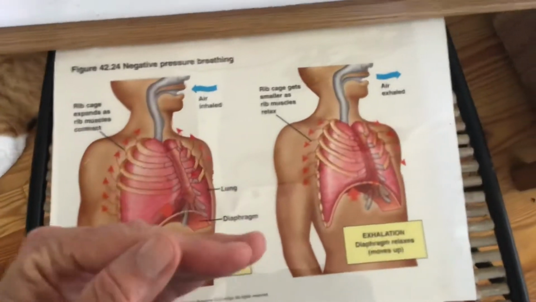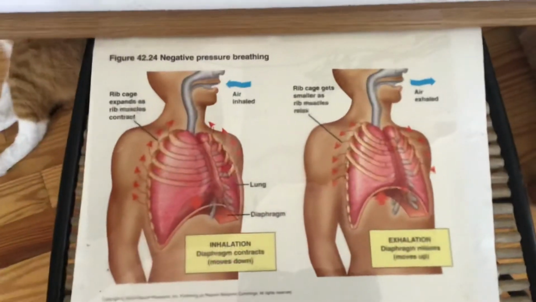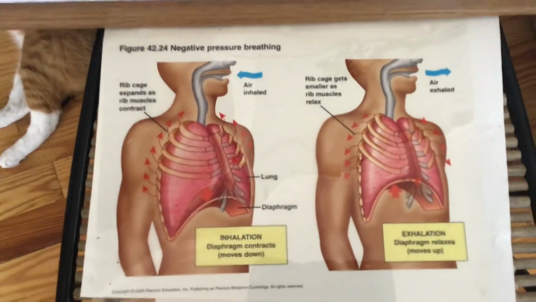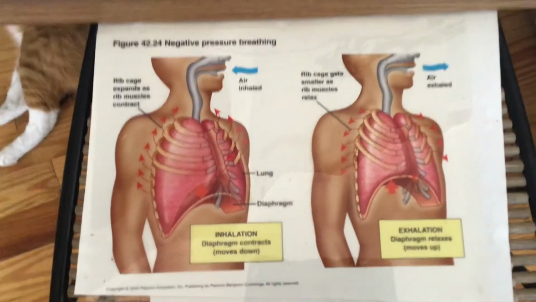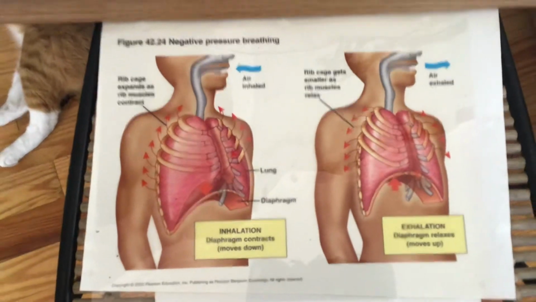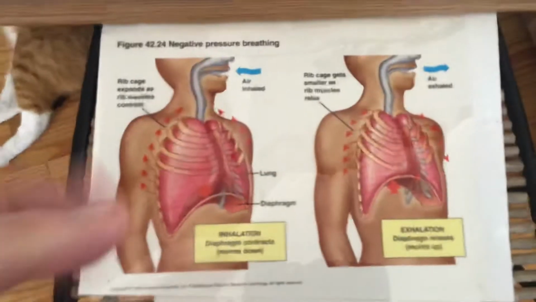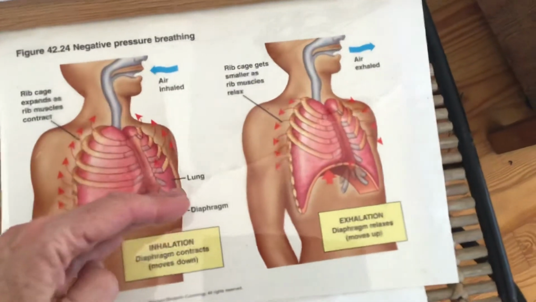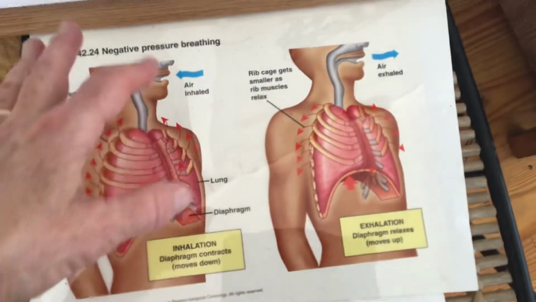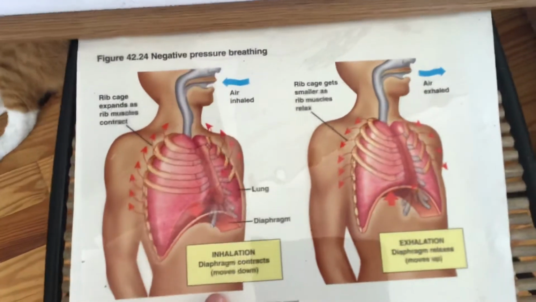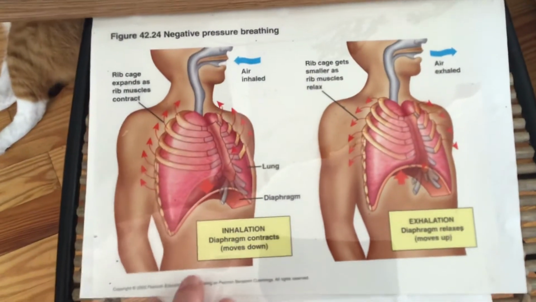So the diaphragm basically contracts, and when that happens, this is what we call negative breathing. It creates basically a suction for the air that's coming in, and when we do that, the ribs come up, pulling the diaphragm down, and that will draw the air in just like you created a vacuum.